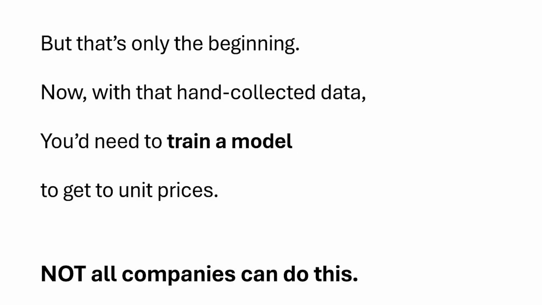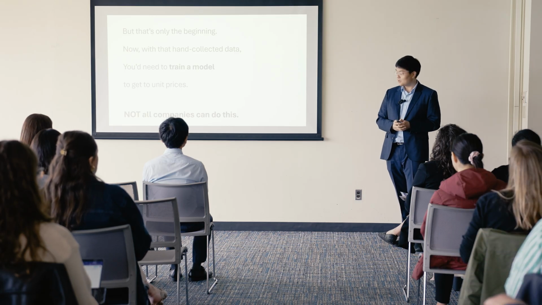Using that hand-collected data, you now have to train or fit a model to predict what that unit price should be for 50 units of asphalt. As you would imagine, this is a lot of work, and not all companies can do this. We're looking at construction companies here, so not all construction companies can do this.